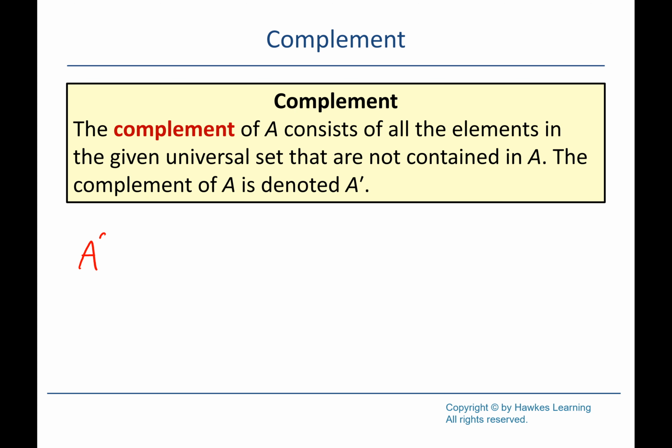Sometimes you'll see A with what looks like an exponent, a superscript C, for complement. Or sometimes you'll see a bar over the top. That can mean complement. So I just wanted to mention those to you. We'll always use the tick mark in here.